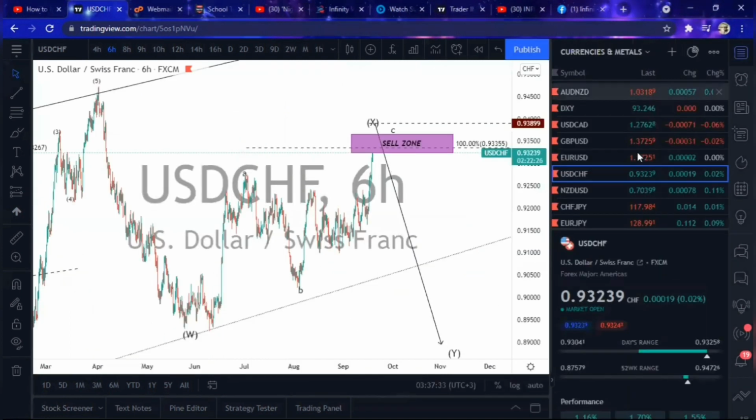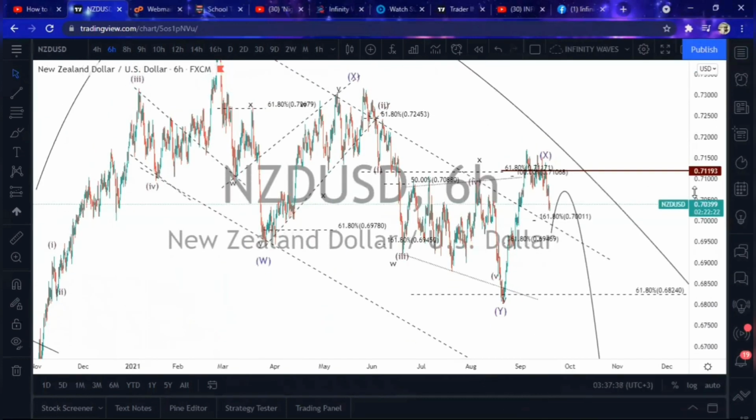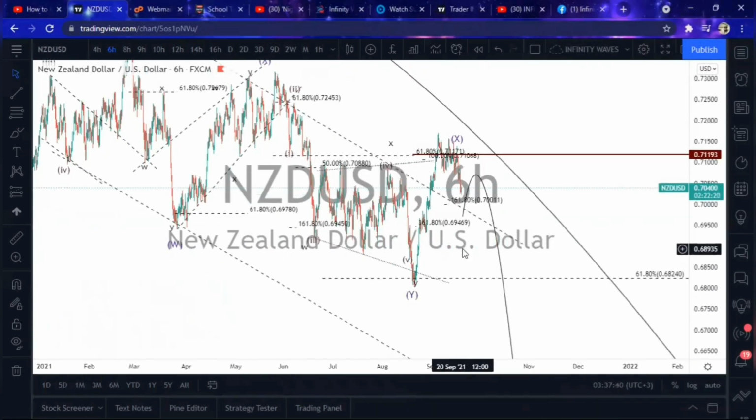The next pair on our list is New Zealand dollar, US dollar. In New Zealand US dollar, we are still in a corrective phase. Majorly, all these currency pairs are in corrective stages, and corrective stages can be very tricky and very hectic to trade, because they can evolve from a simple or regular correction to an irregular or complex correction.